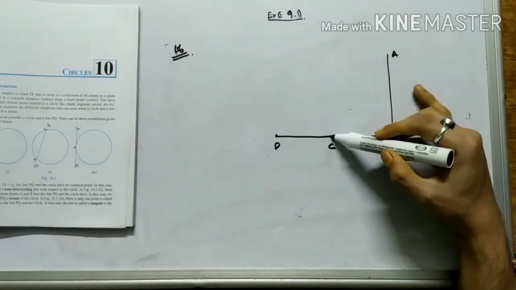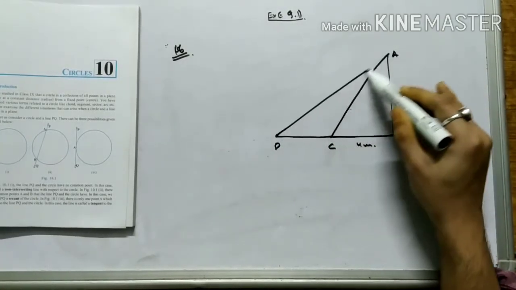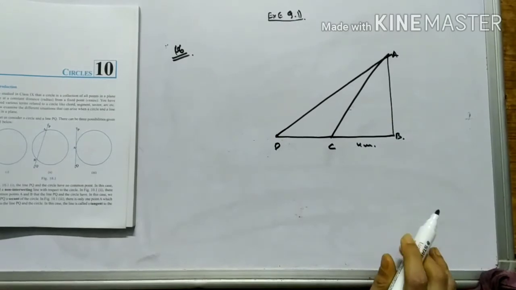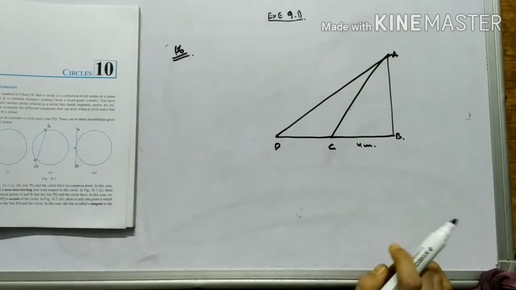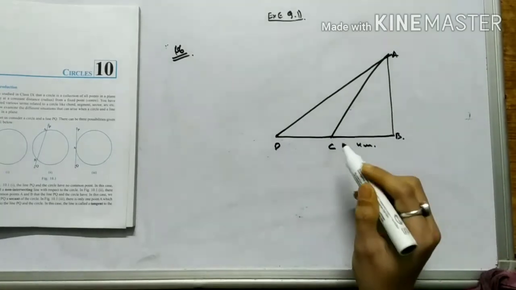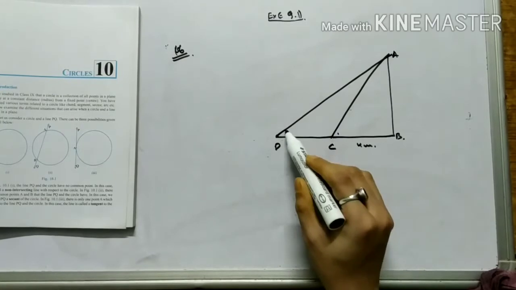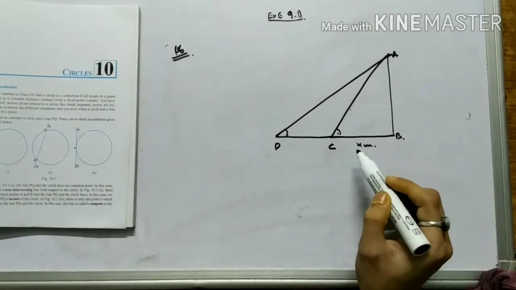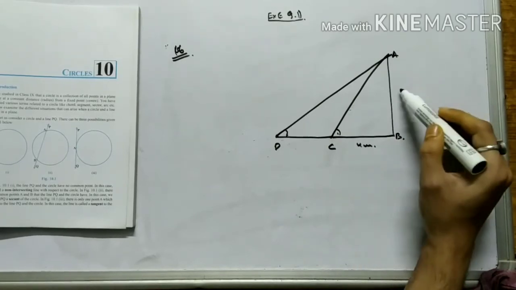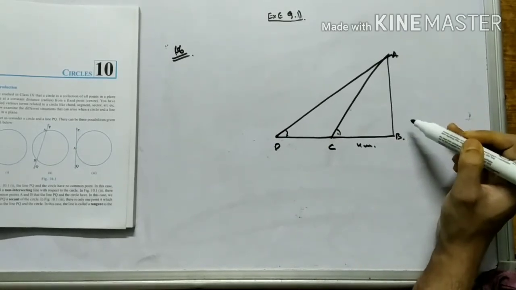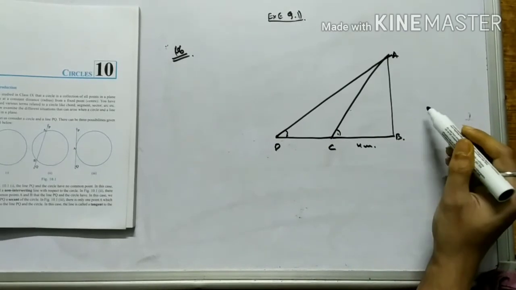The angles of elevation are complementary. Prove that the height of the tower is 6 meter.